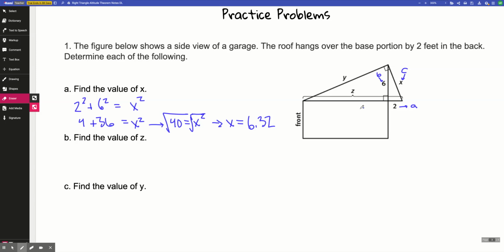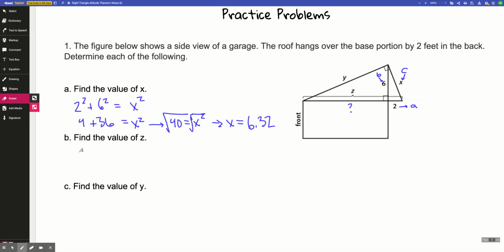Part B wants to find the value of Z. So not just this part right here. They want to know the entire length. Okay, but I already know this part is 2, the smaller part. So if I can figure out what the larger part is, to find Z, I can just add those two things together.